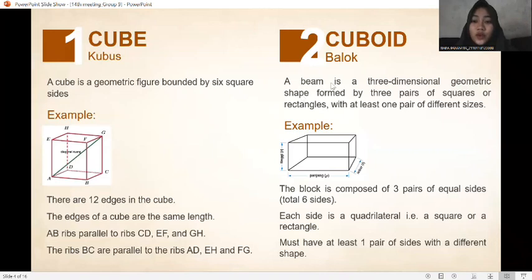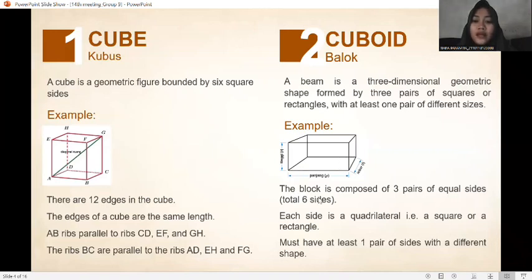Next is cuboid. Cuboid in Indonesian is balok. A cuboid is a three-dimensional geometric shape formed by 3 pairs of squares or rectangles with at least 1 pair of different sides. The example is, from the picture here, we have information.